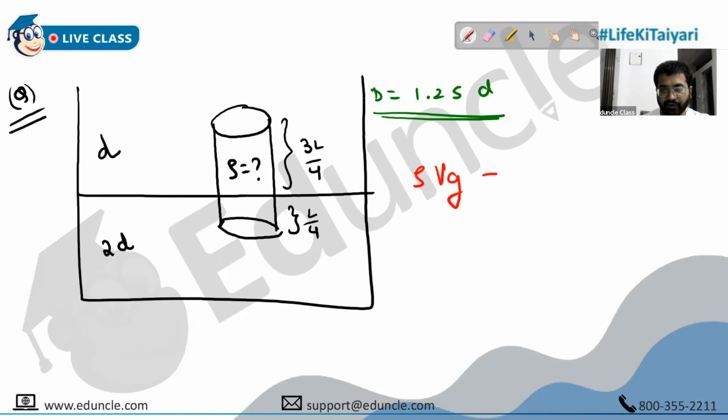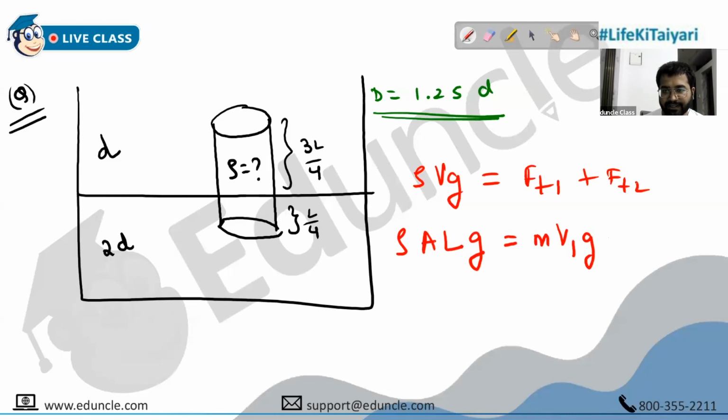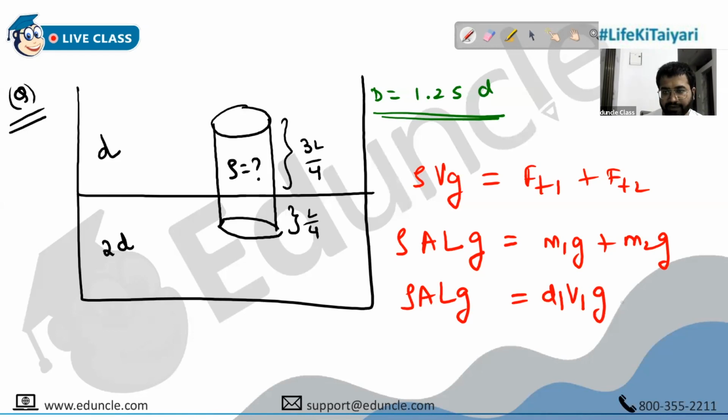We have rho Vg equals upthrust due to the first liquid plus upthrust due to the second. Rho into the volume of the cylinder, that's area into length, into gravity. The upthrust is density into volume of the first liquid into gravity, plus density of the second liquid into volume of the second liquid into gravity.